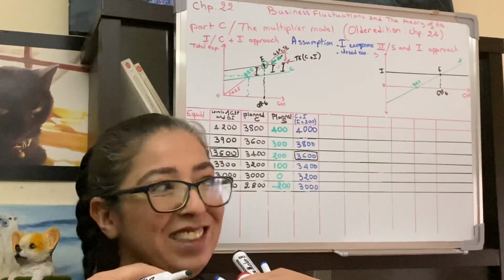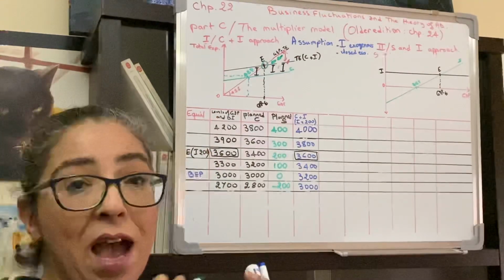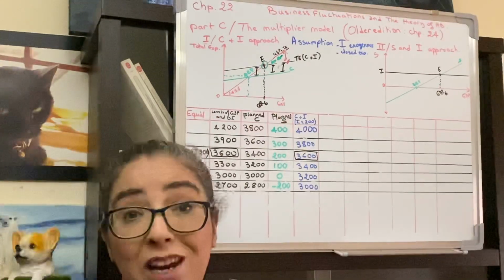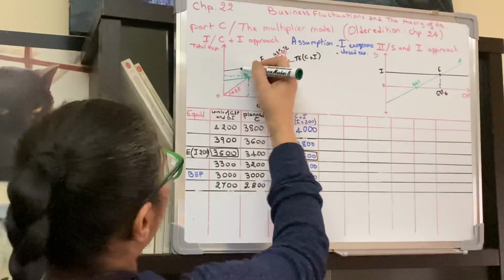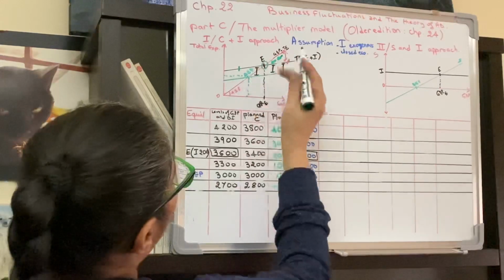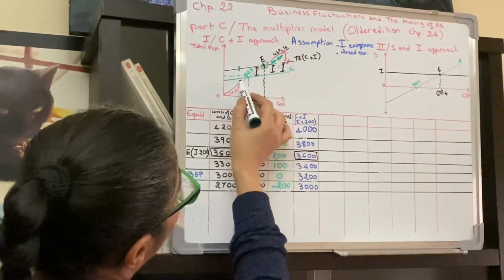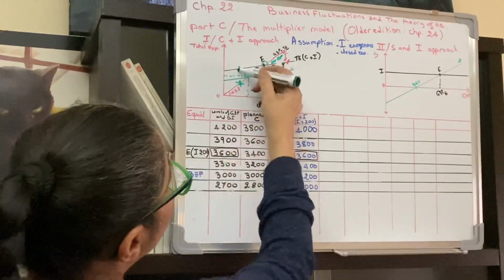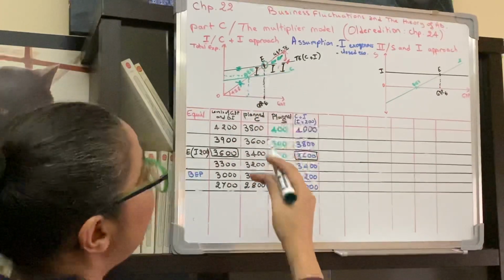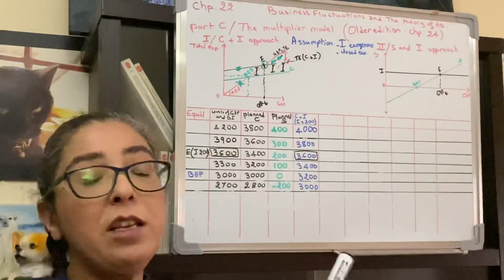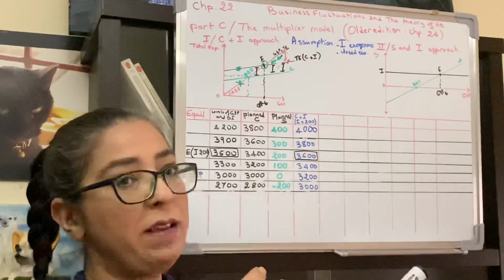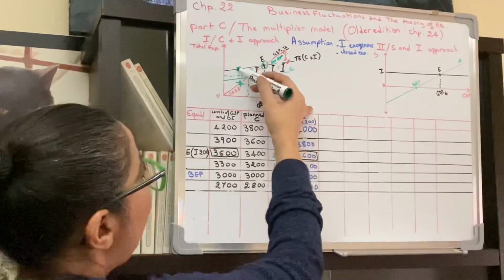Now, let's imagine I'm on a point below the equilibrium. Here. So, in total, I produce this much. But my demand is here. The whole economy is willing to spend C plus I, which is here.